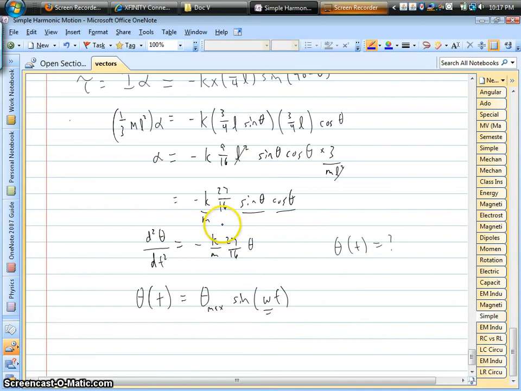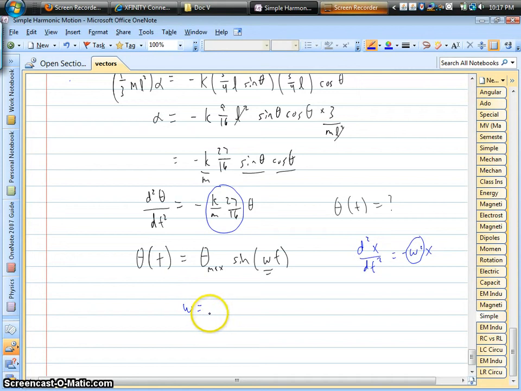Now we also know that the general equation, think of just a normal spring bouncing back and forth. The harmonic equation is, in general, something that looks like this, where the constant in front of the variable on the right-hand side, that's always going to be omega squared. Well, here's our constants on the right-hand side.